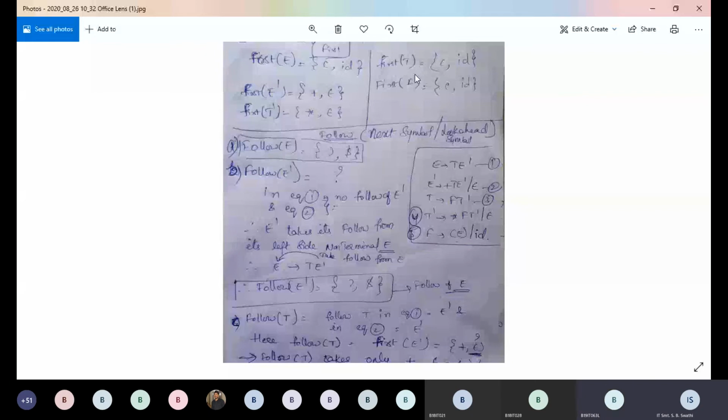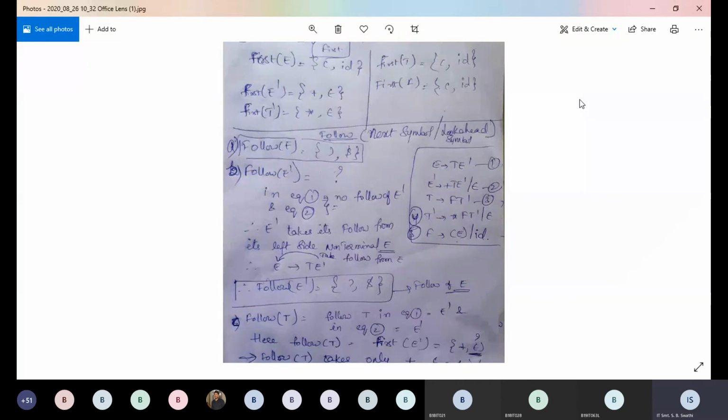Yes, ma'am. Okay. The next one is we have to find the follow of E. Why do we need to compute the follow? In order to identify which production we should take, because there is no backtracking. In the previous example, in order to generate the input string, capital A is checked again and again with the different expressions.